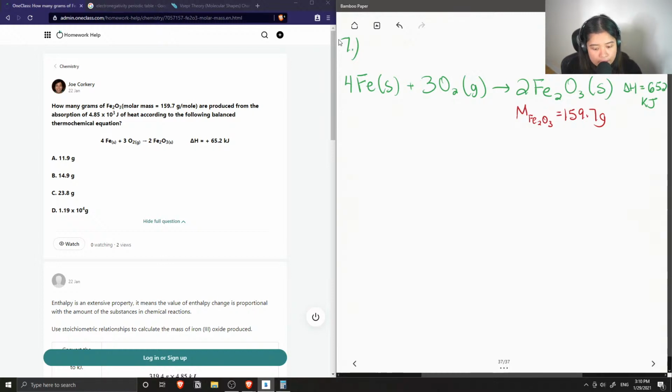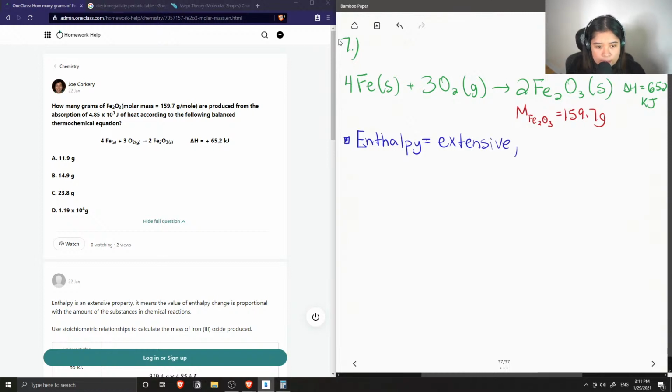Okay, so we can answer this question in multiple steps. But first, let's recall that enthalpy, which is the delta H, is known as an extensive property.